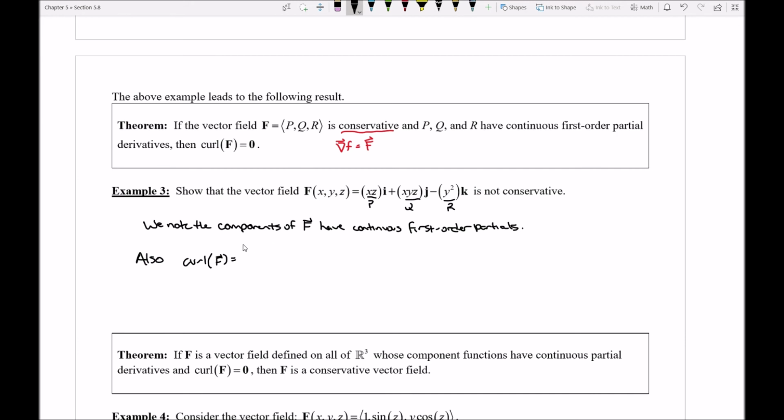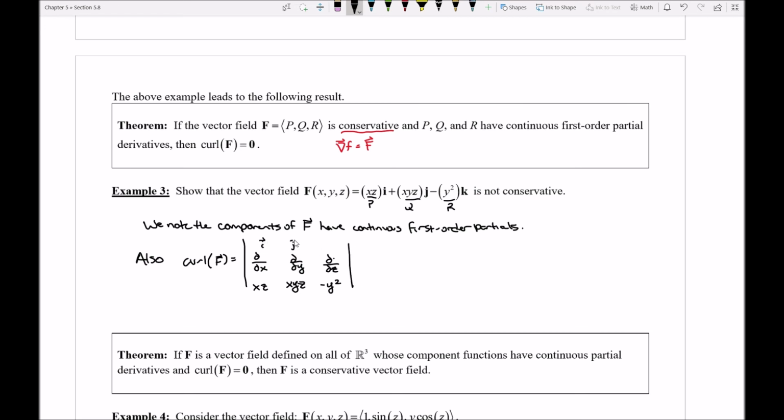If I want to try to compute the curl of F, again, I set up everything like I normally do. So partial with respect to x, partial with respect to y, partial with respect to z, and then I've got to do my xz, xyz, and a negative y squared.